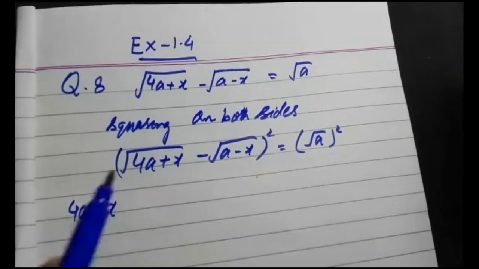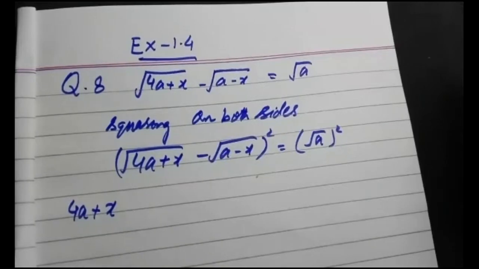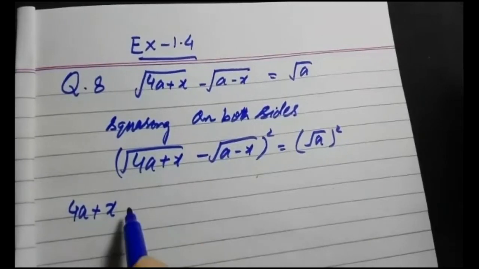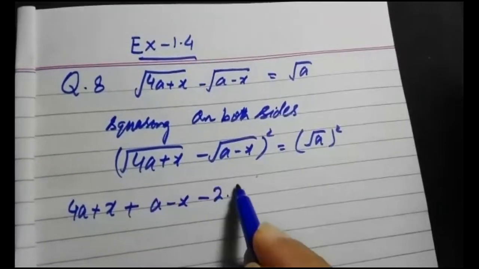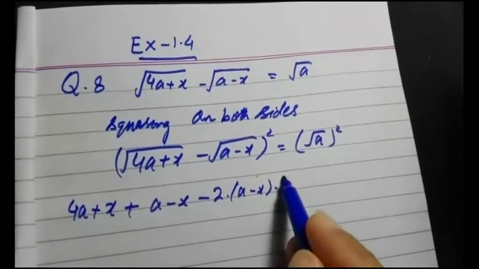Once you take the square, it will be done like this: 4a plus x plus a minus x minus 2 times the square root of a minus x times 4a plus x.